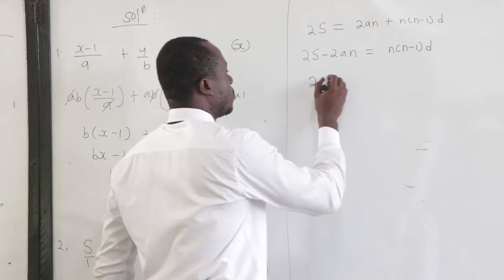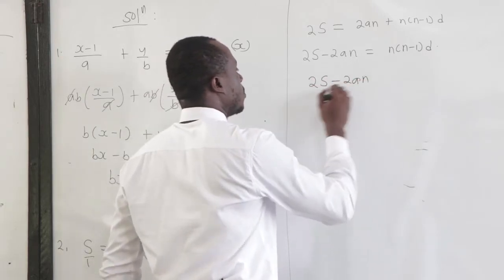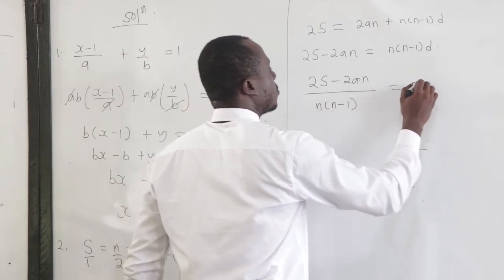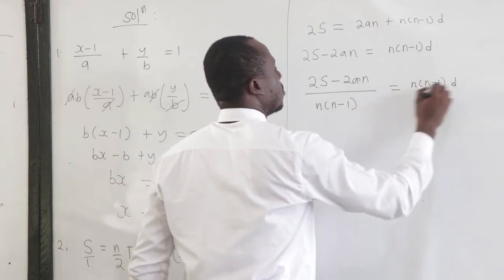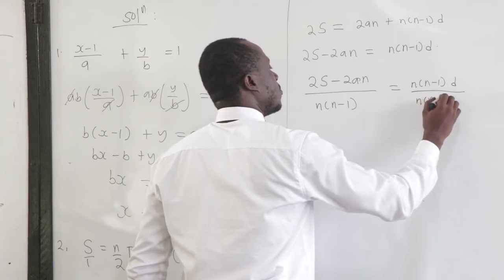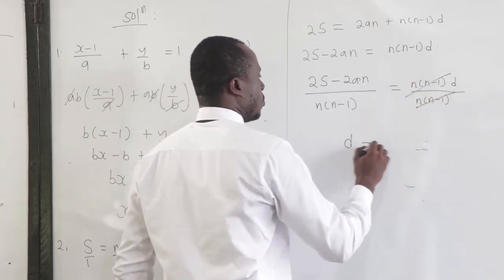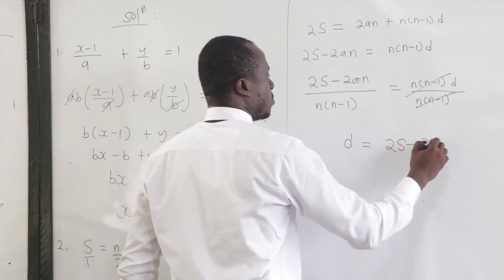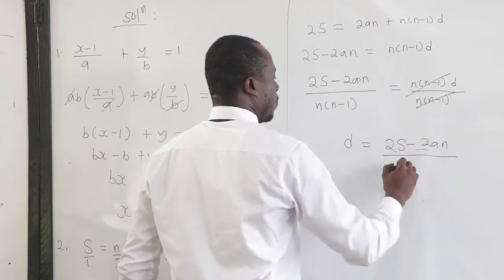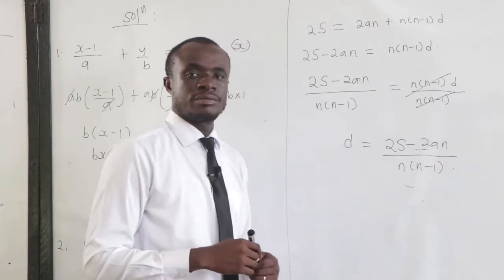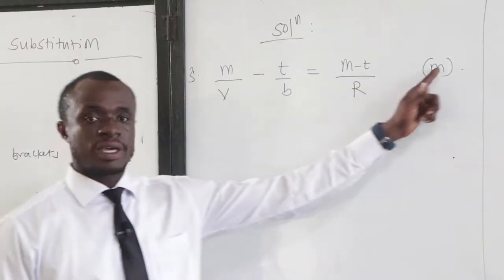So you have 2s minus 2an all over n minus 1 equal to n minus 1 d all over n minus 1. Now this is cancelling out that, so you have our d to be equal to 2s minus 2an all over n minus 1.